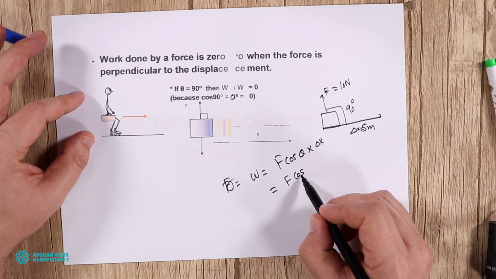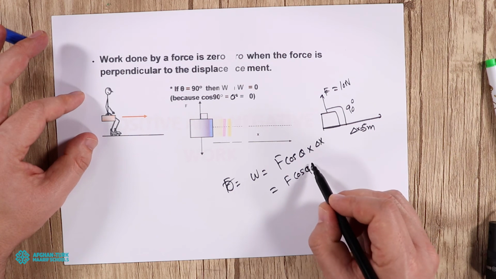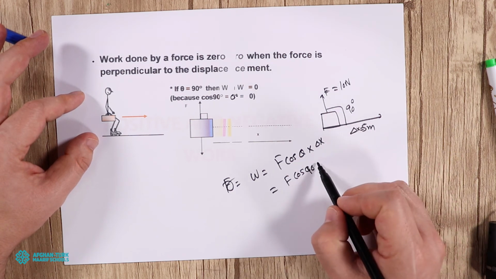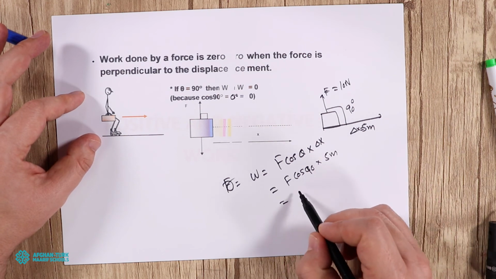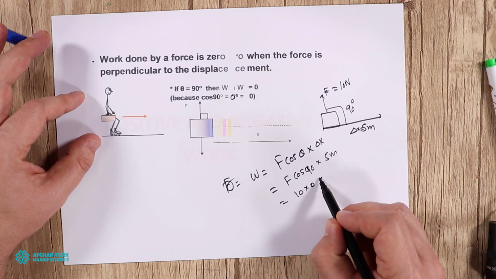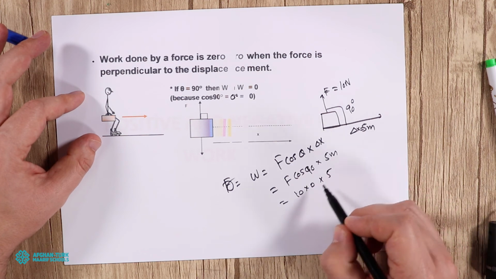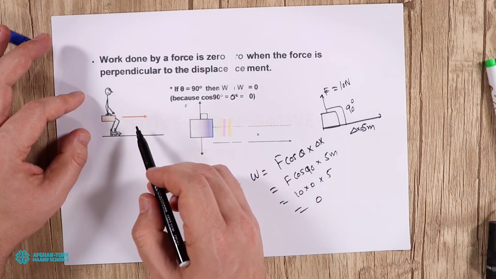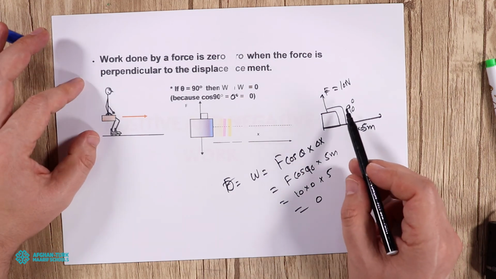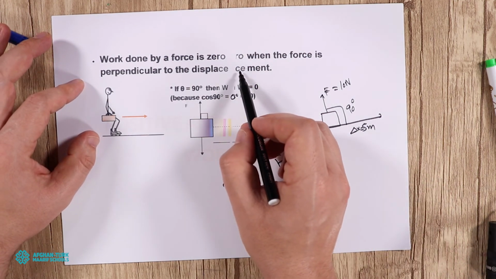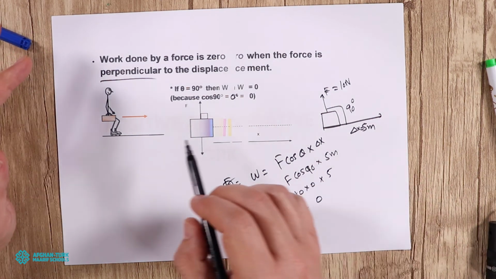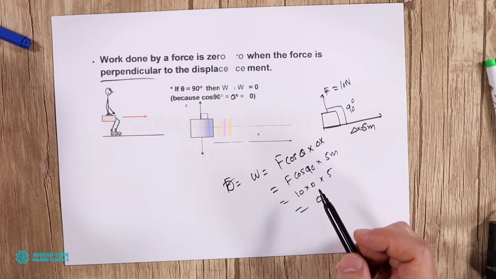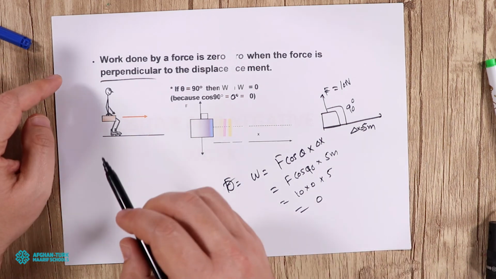Why? Because cosine 90 is equal to 0. So 10 multiplied by 0 multiplied by 5 is equal to 0. Whenever force and displacement are perpendicular to each other, the work done on the object is 0.